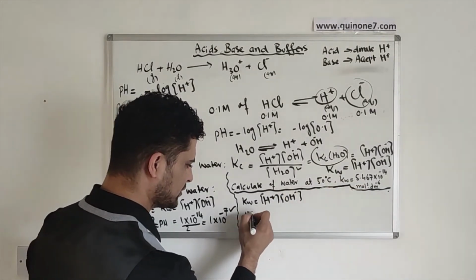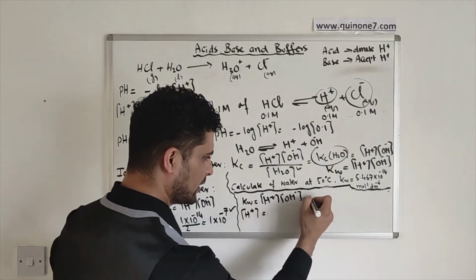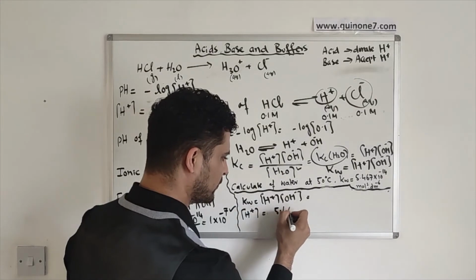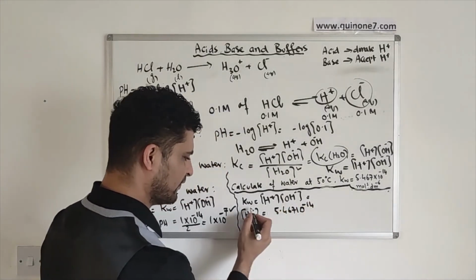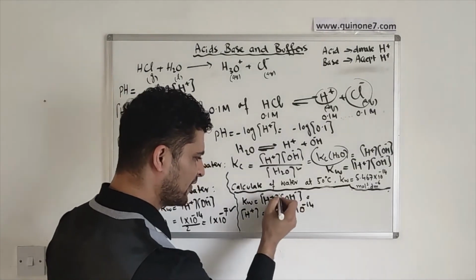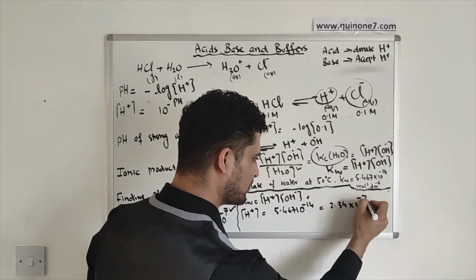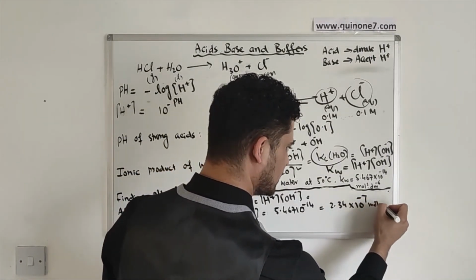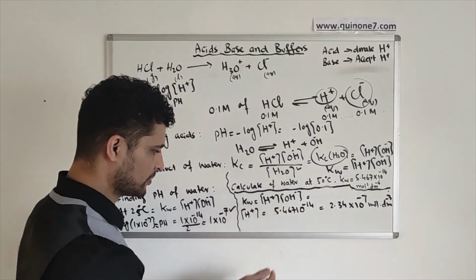If I rearrange this equation, because both are equal, the value given is 5.467 times 10 to the power minus 14. For the H positive ion you have to take the square root, and that will be 2.34 times 10 to the power minus 7 moles per dm cube.